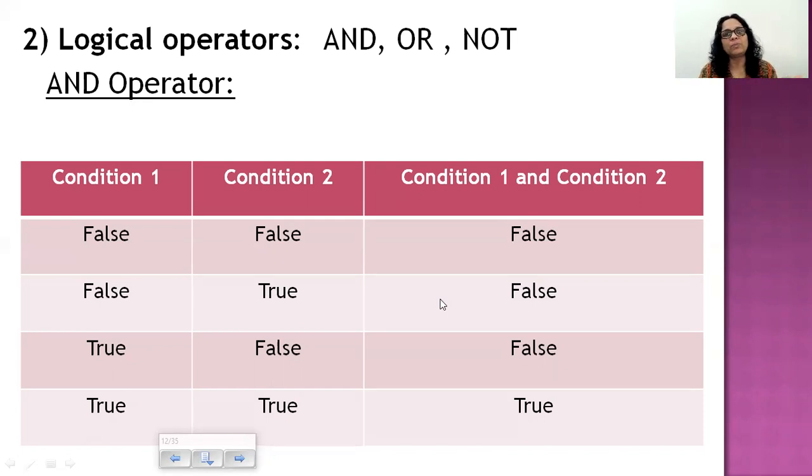Let me take you to an example from the previous video. If you have written where DEPTNO is equal to 10, anybody who satisfies this condition, where his or her department number is 10, those records were displayed, correct?